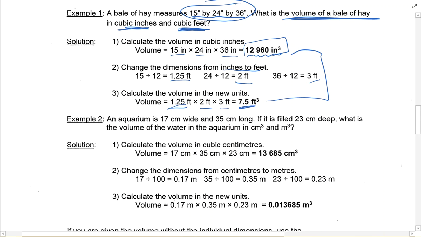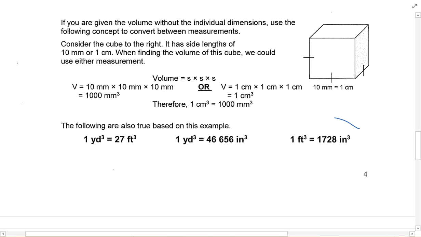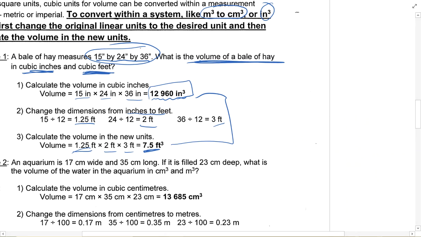Okay, now there is another way to do it. If you look down the bottom, converting cubic feet to inches, here it is. It's a weird conversion, very weird, and that's because we're going into cubic units. So what you could do is get on Google and type in convert 12960 cubic inches to cubic feet.